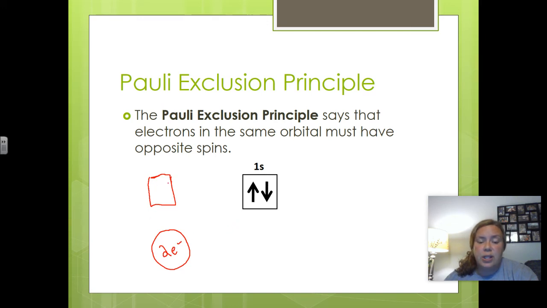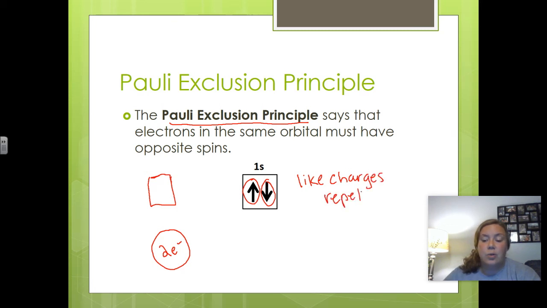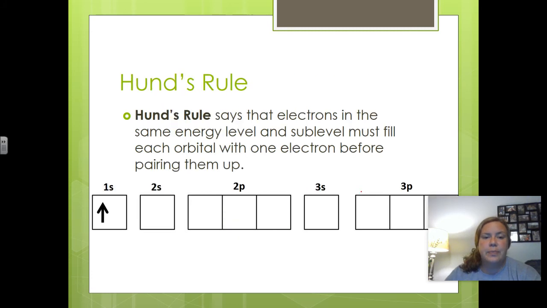So of these 2 electrons, this indicates one electron, this indicates a second electron. But this particular rule tells us that the electrons have to spin in opposite directions. And again, it's because like charges repel. So just remember that. You know that from playing with magnets when you were a kid. Or now, I still play with magnets.